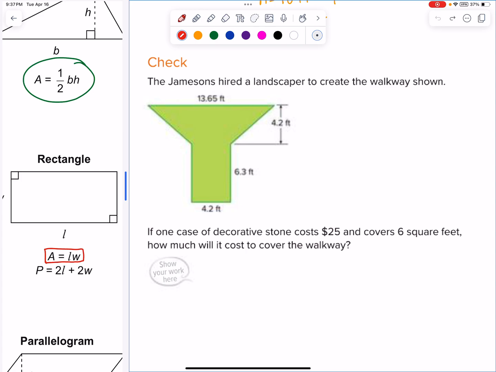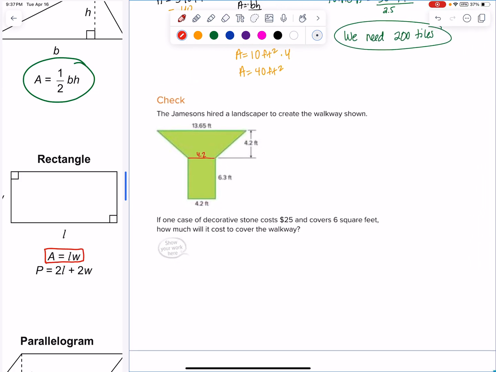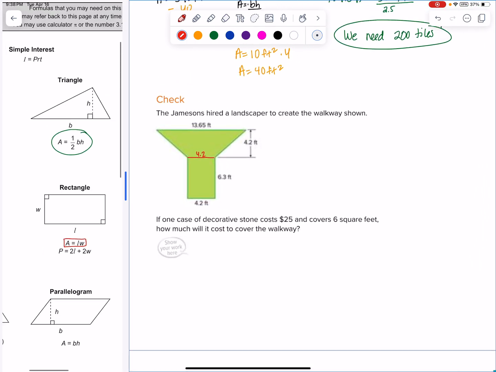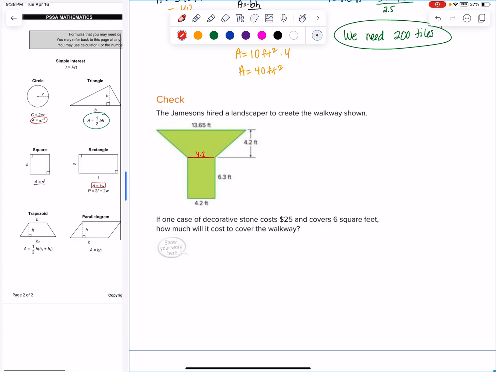So I'm guessing, let's see if we can do the trapezoid and the rectangle. So we know this base of the trapezoid, and we know the height. Okay, so I think we're good with the trapezoid. We also know the length and the width of this rectangle. So this is going to be our key, identifying the 2 shapes as trapezoid and rectangle.